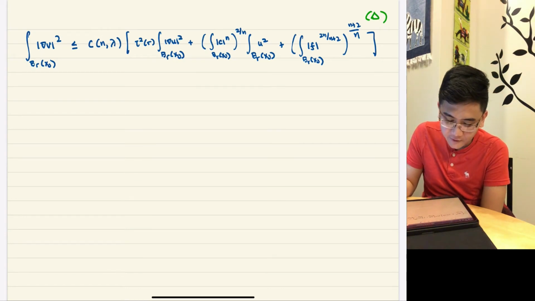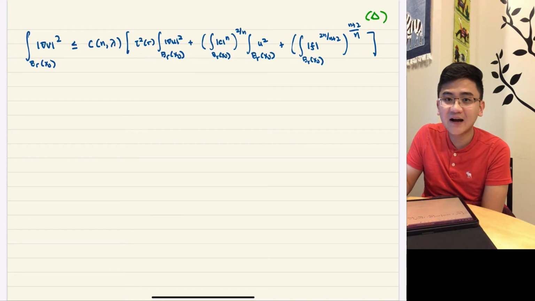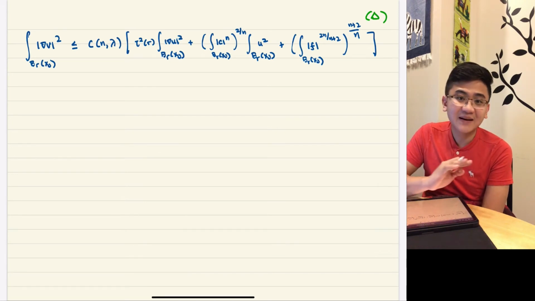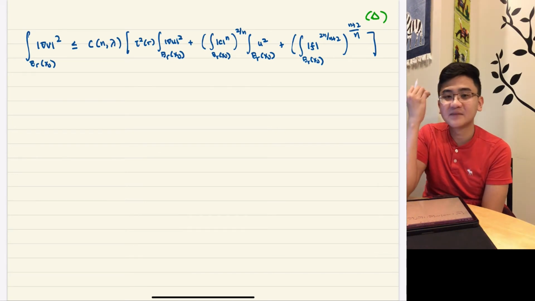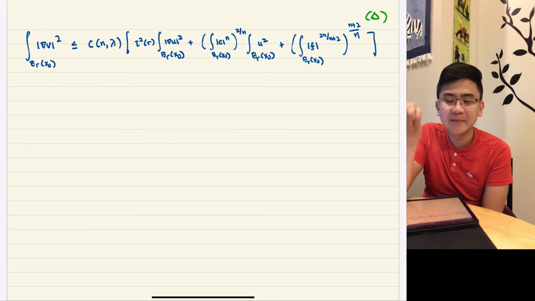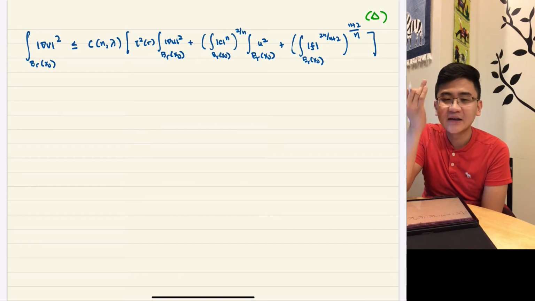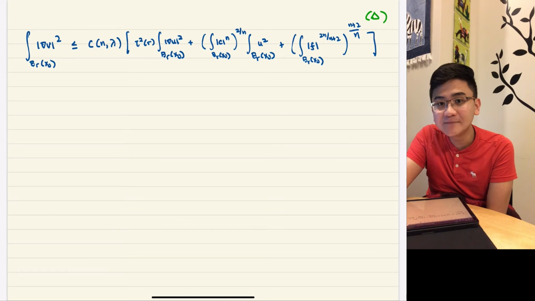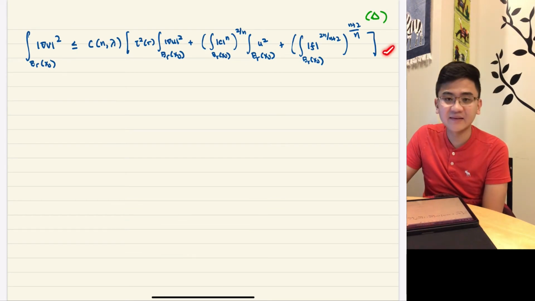So to recap, by a specific choice of test function, just by standard things, uniform ellipticity, Hölder inequality, Young's inequality, and some technical things like the Sobolev inequality, which aren't too difficult to apply, you get this estimate here.